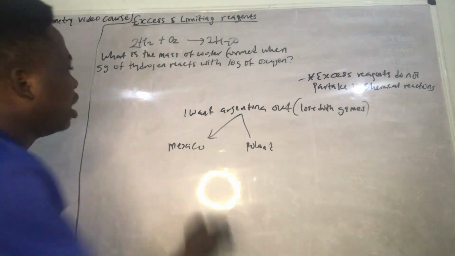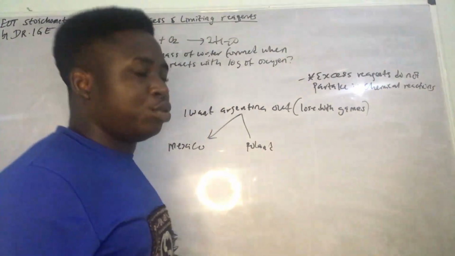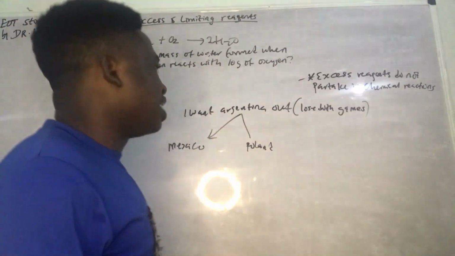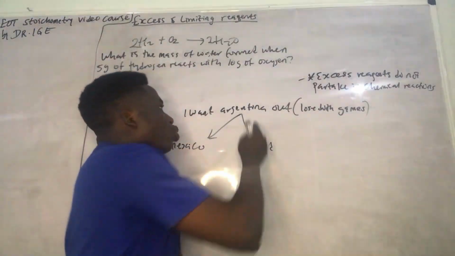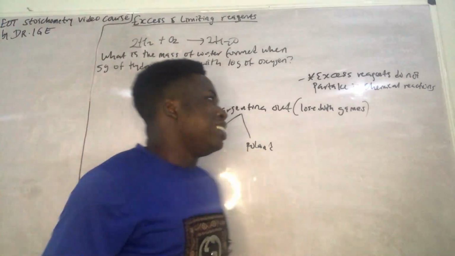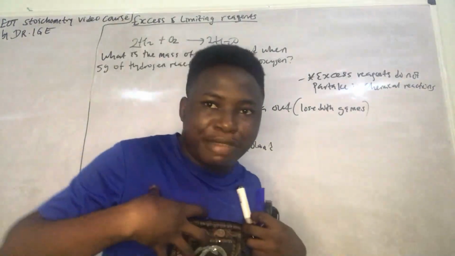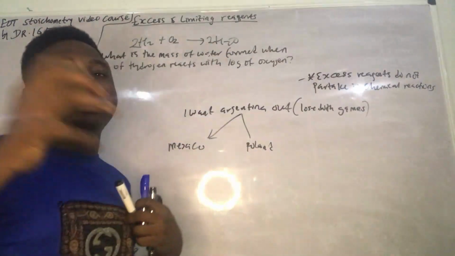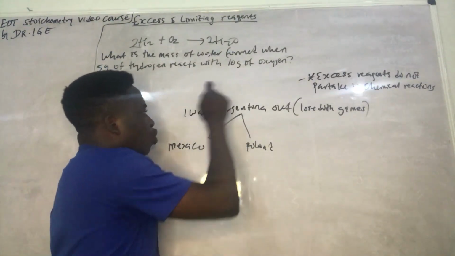There's a football tournament, and I want Argentina to be kicked out. And the rule states that for Argentina to be kicked out, they have to play these two countries, and they have to lose to these two countries. So indirectly, the success of my evil plan is dependent on whether Poland will beat Argentina and whether Mexico will beat Argentina.